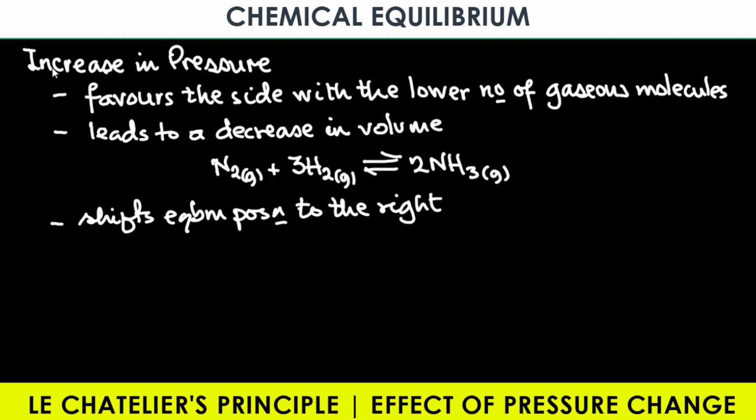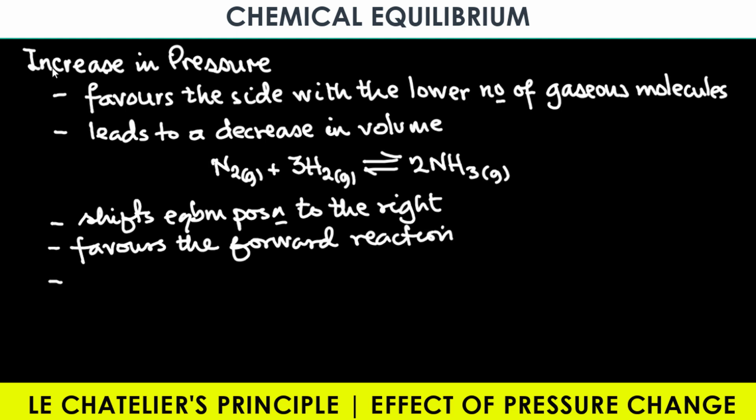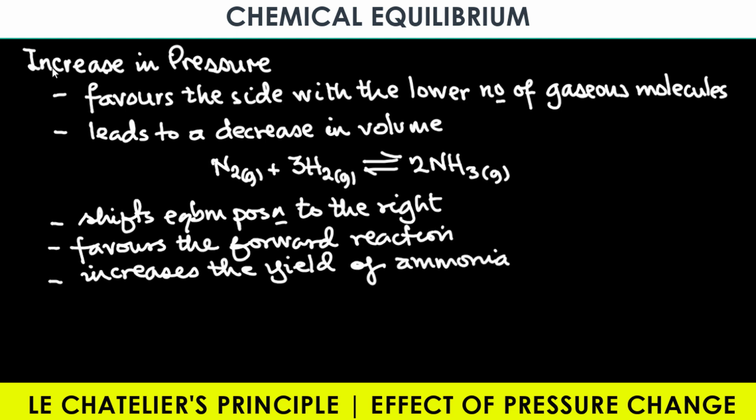Are we together? Favors the forward reaction. And that increases the yield of ammonia. Because here now it is a specific reaction, so we can define direction, right?